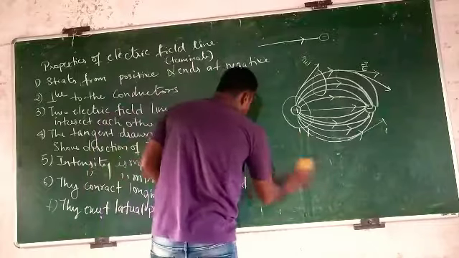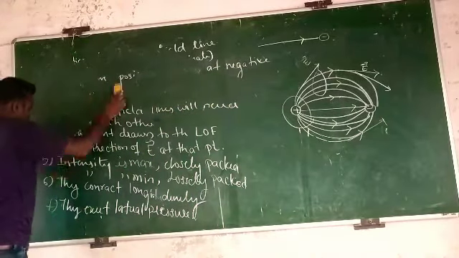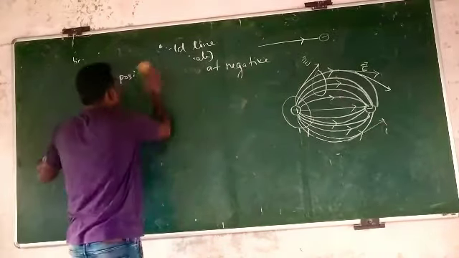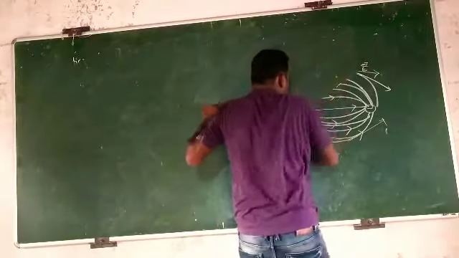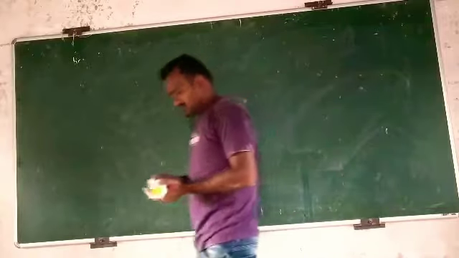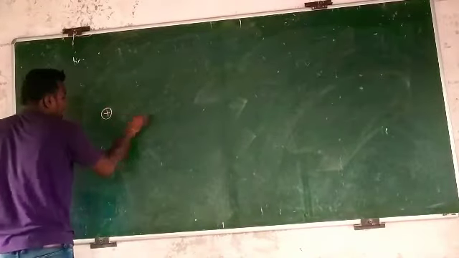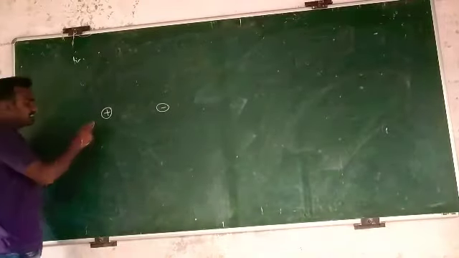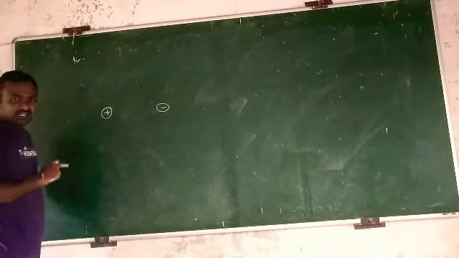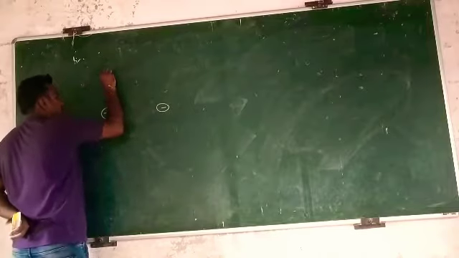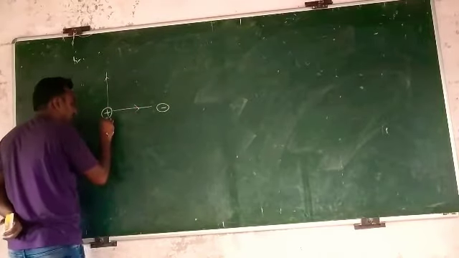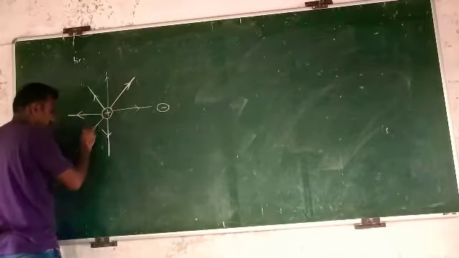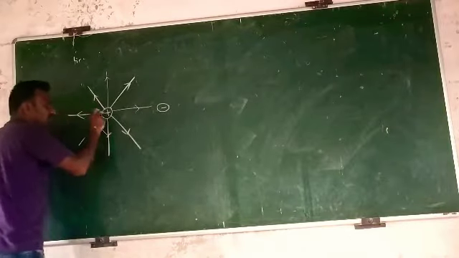Okay. Now, if there is an ideal positive charge and an ideal negative charge, the lines of force, the electric field lines, are drawn radially outward for the positive charge.